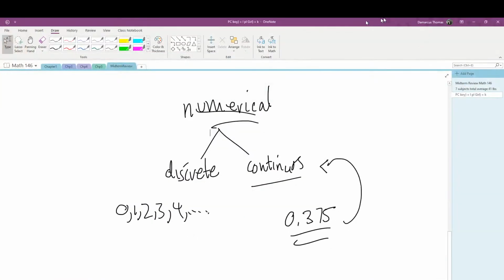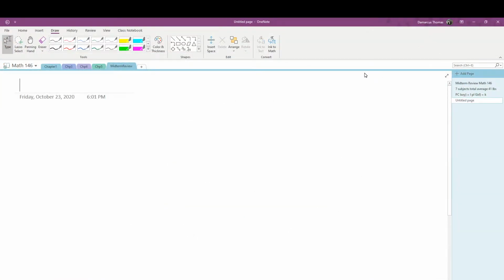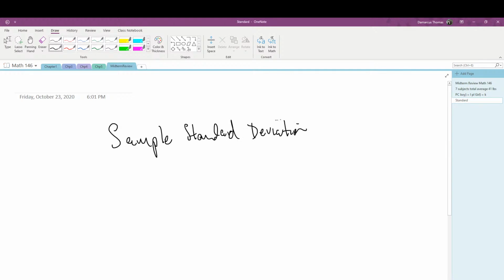We're really starting to warm up now. There's the sample standard deviation, and then there's the population standard deviation.